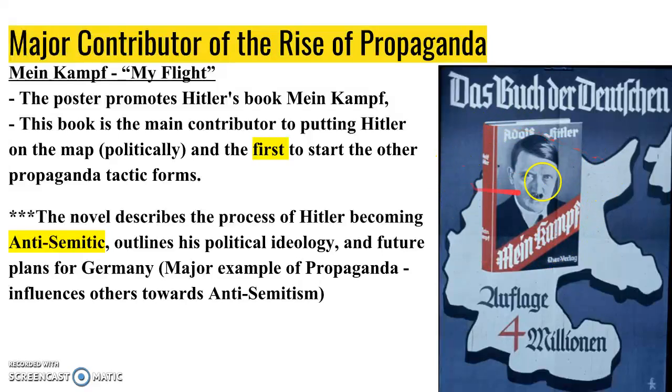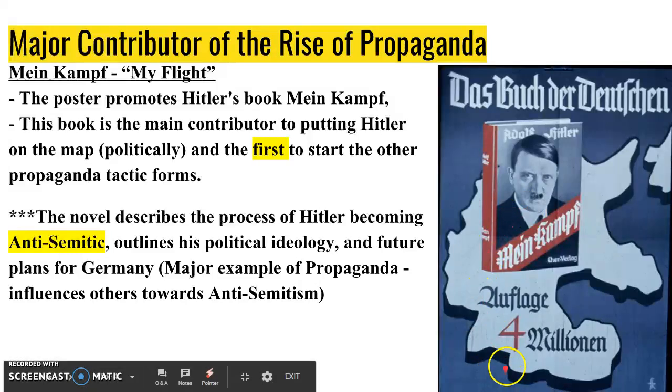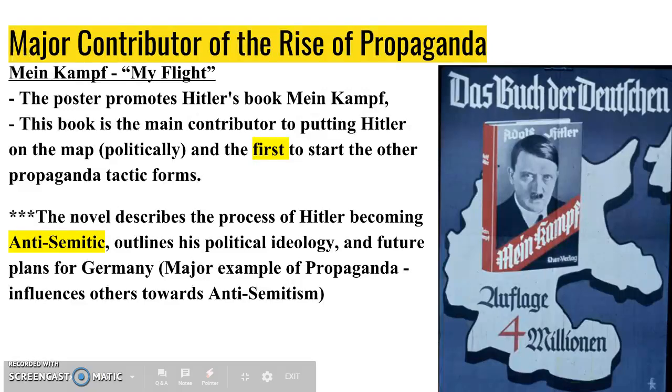The picture over here on the right is a poster that illustrates the book and shows that there were 4 million copies sold. The book also describes the process of Hitler becoming anti-Semitic, outlines his political ideology and future plans for Germany, which is a major example of propaganda because it influences others towards anti-Semitism.